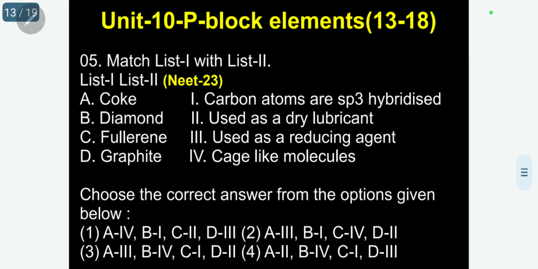Okay, let me go now. A, coke. B, diamond. C, fullerene. D, graphite. Different forms of carbon. 1, carbon atom is sp3 hybridized. 2, used as a dry lubricant. 3, used as a reducing agent. 4, cage-like molecules.